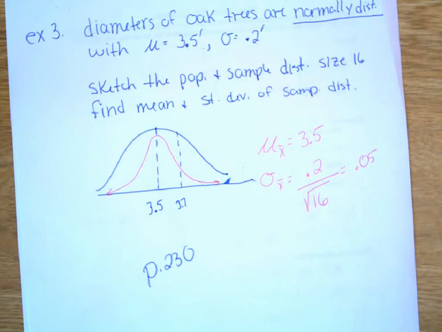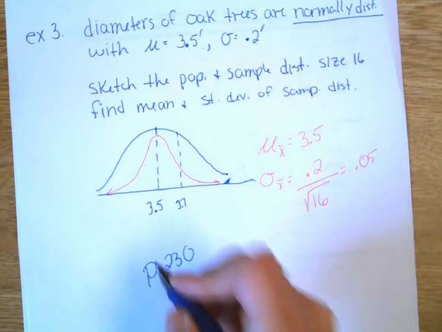When it says list all samples with replacement, that was that big list we made, don't do that. Just find the mean and standard deviation like it says. So anytime it says list, don't do that. We're going to go 1 through 4.